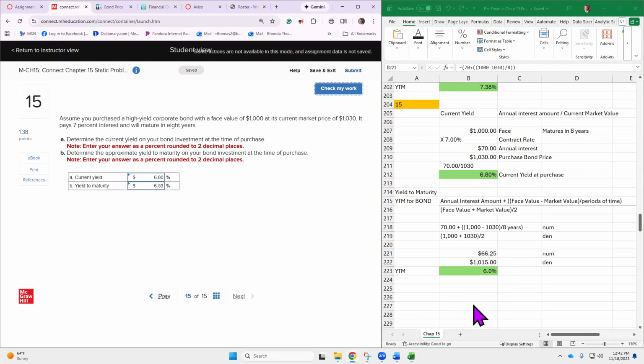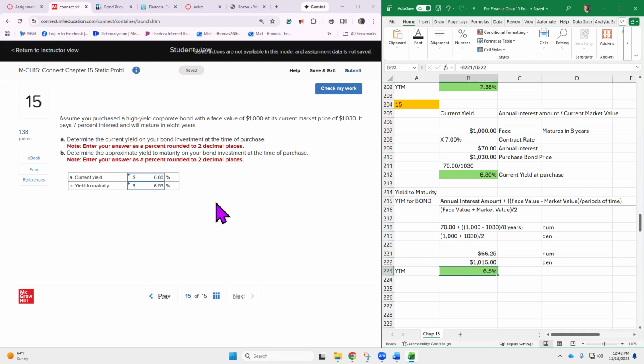There's the current yield. Okay. Not just 6%. It is this divided by, I know, I think I've already done this, but I forgot to put it in.